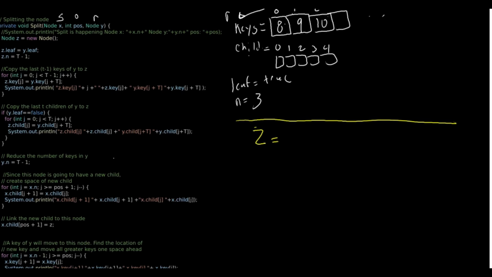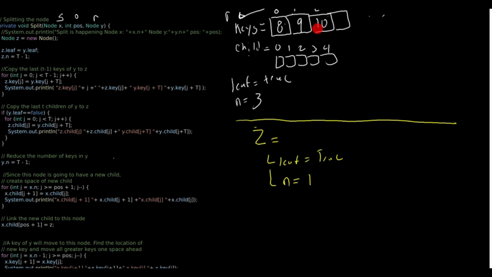we create a new node, this here is just for split, called Z. This new node, the leaf is true, and n is 1.